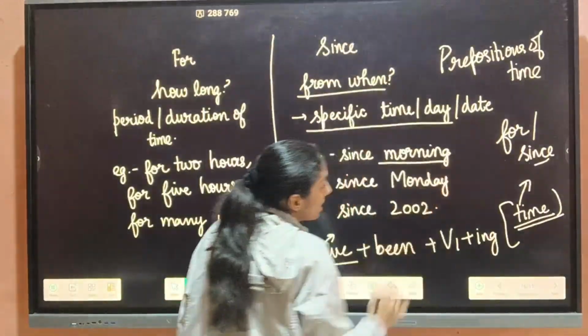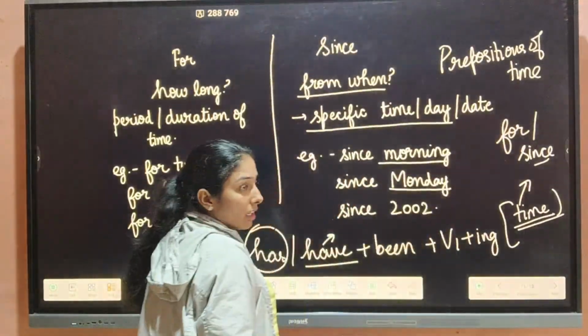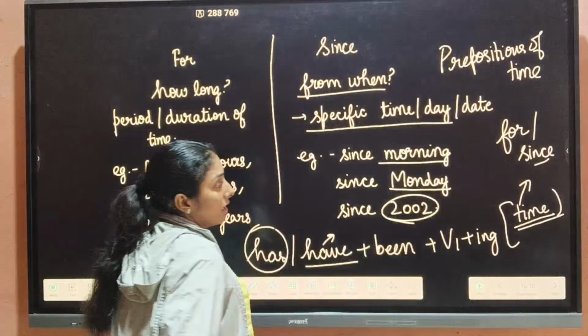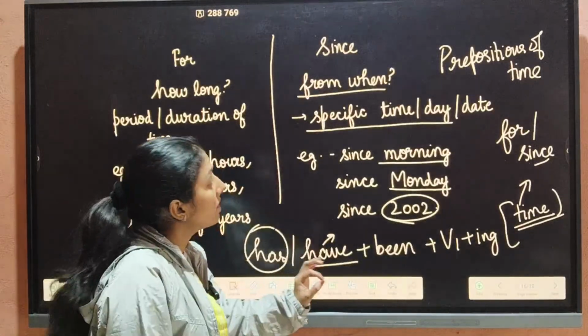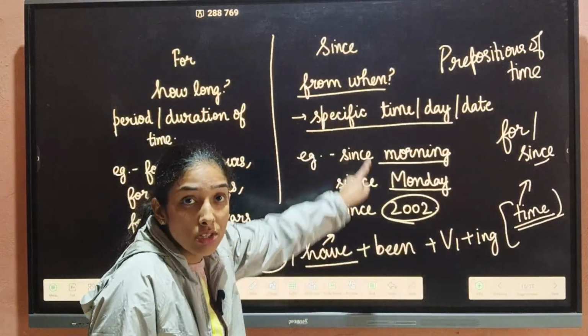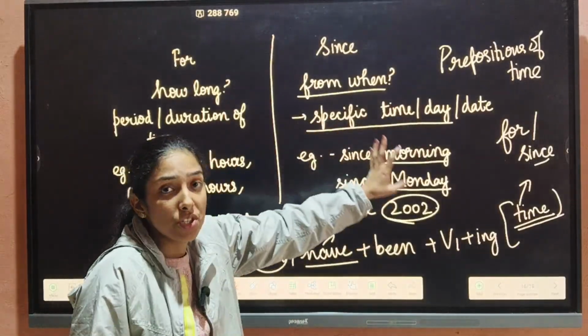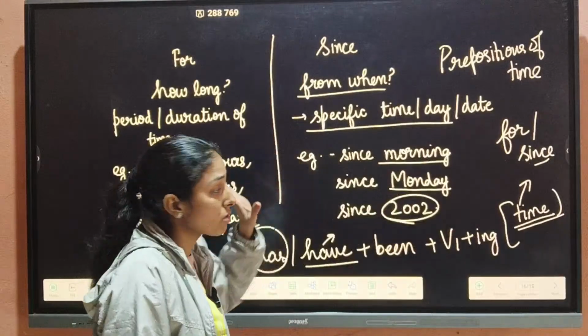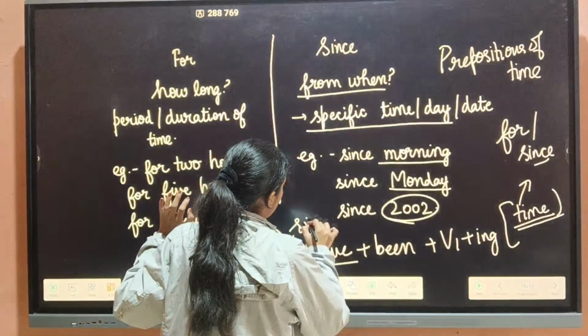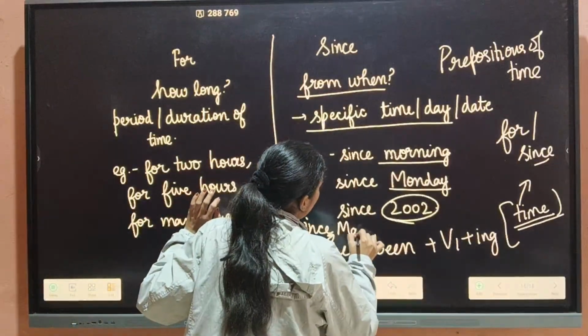Like if morning is there, Monday is there, any year is there, okay, any month is there, we will use since. Since morning, since evening, since Monday, since 2002, since January, since May.